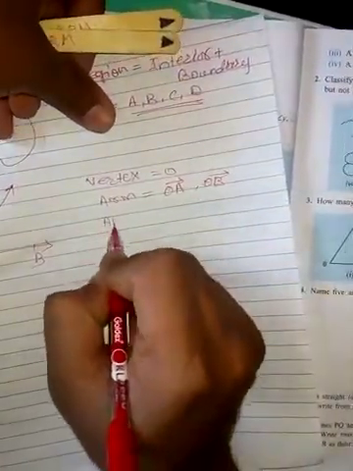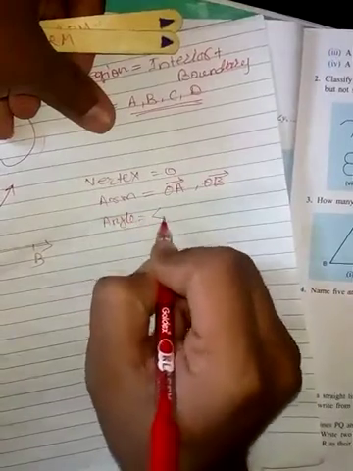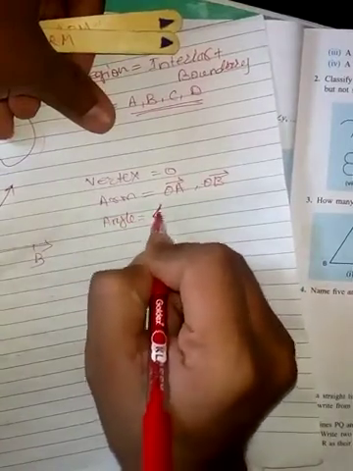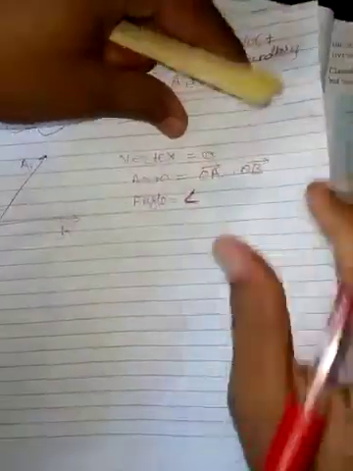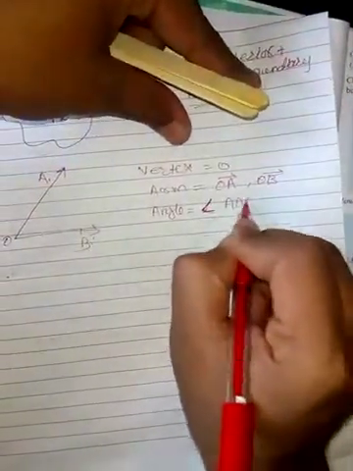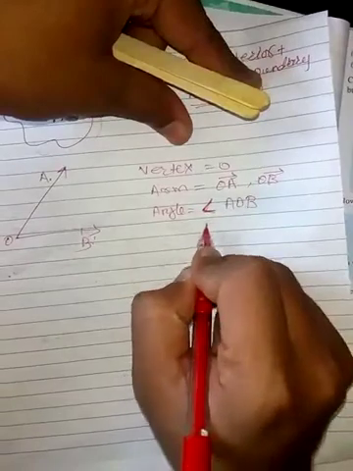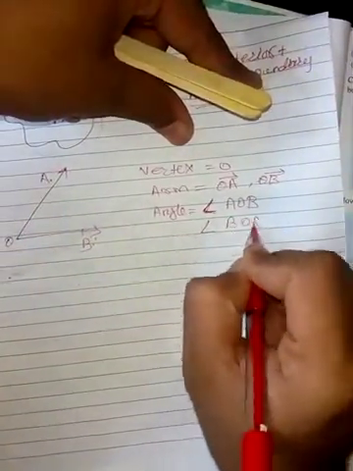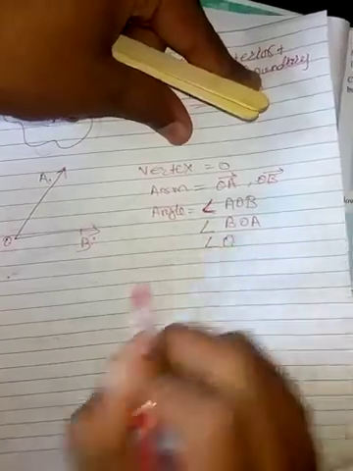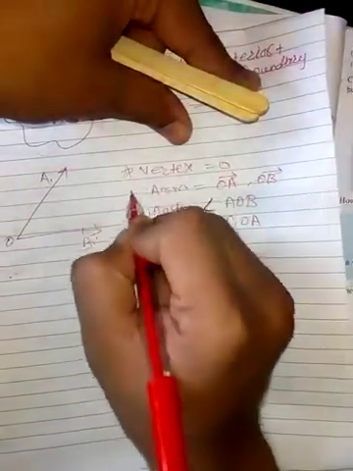Now this is the symbol of angle: angle AOB. Another name is angle BOA, and one-word name is angle O. Okay, these are the three names of the angle.